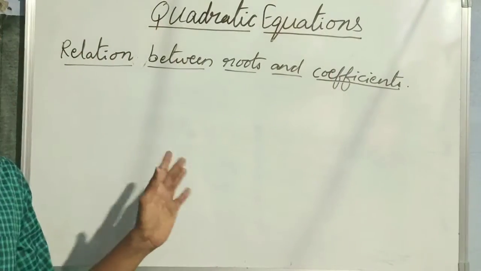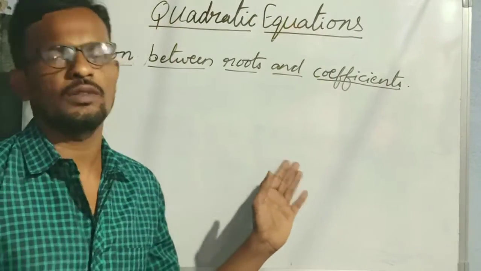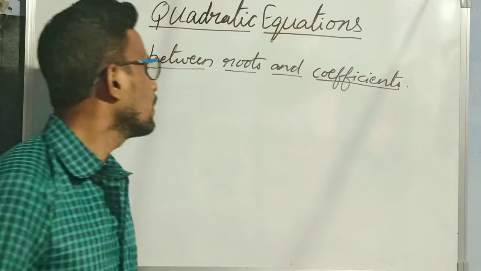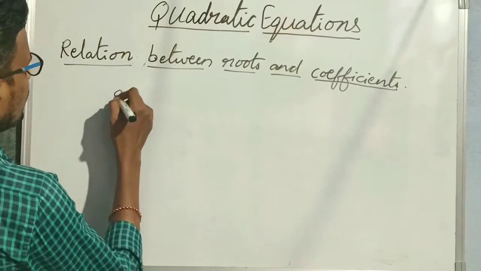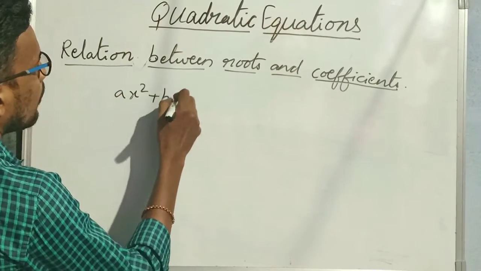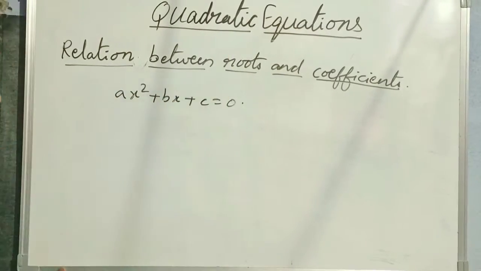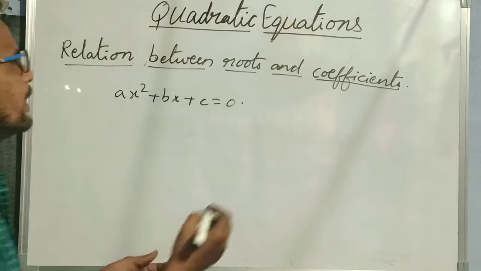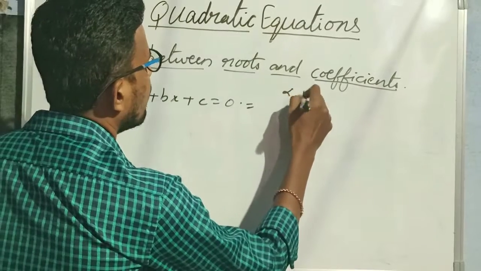So how to find out the relationship between roots and coefficients? Let us see. So first suppose I am taking the same ax square plus bx plus c is equal to 0 as my equation. Okay, and first suppose I am finding the roots of this equation as alpha comma beta.